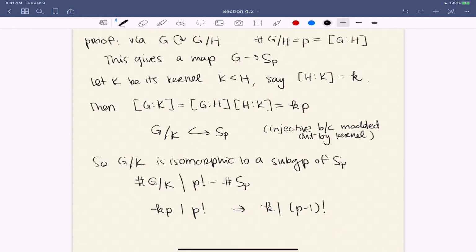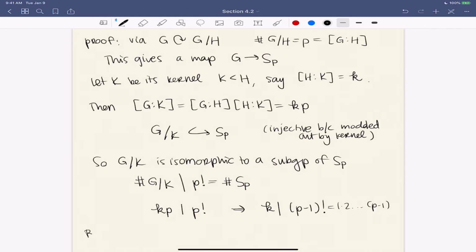So now, this means that k has to be some number that's strictly less than P, because P minus 1 factorial is 1 times 2, all the way to P minus 1. There are no primes that are P or greater dividing that.